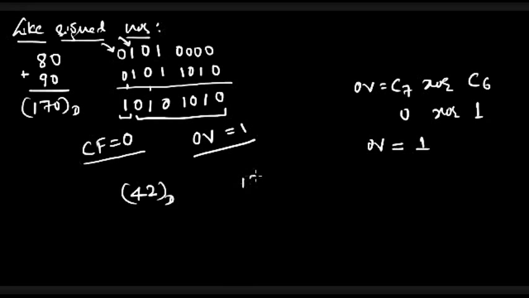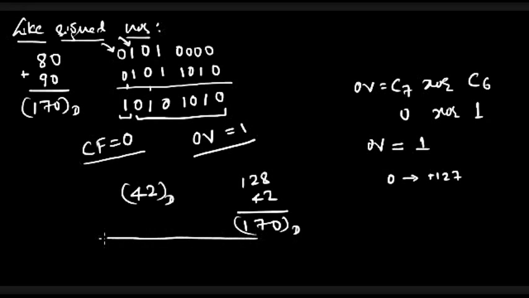Here I said 128, not 127, because it starts from 0 to plus 127, so the total positive numbers are 128. So if we add 42 with 128, we will get 170 in decimal, which is our answer.